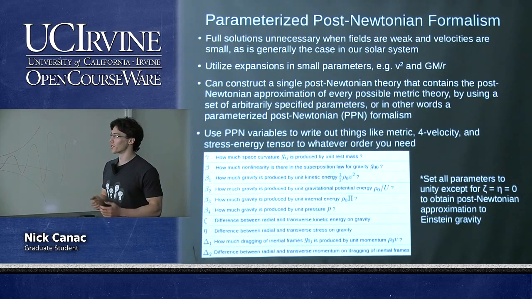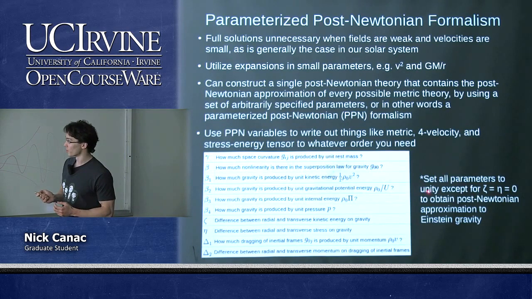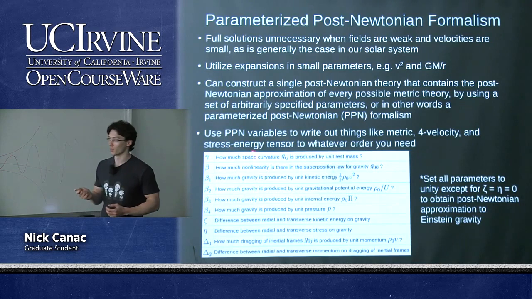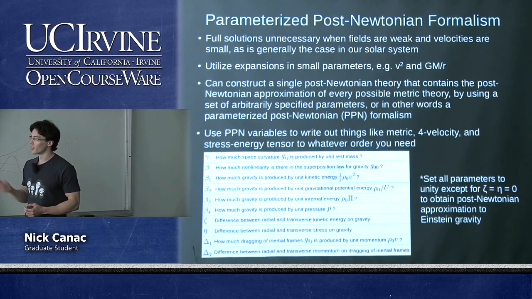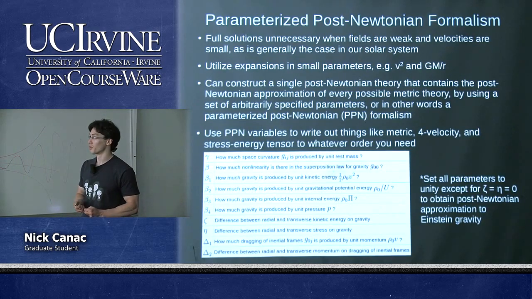So there's 10 parameters. And for instance, in order to get Einstein gravity out of this one, you just set all of these parameters equal to 1, except for these two. And most of them have some kind of physical intuition that you can associate with them.